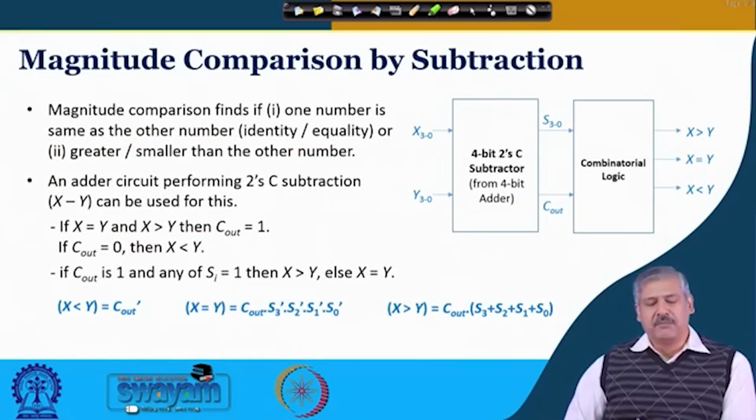So, as I said, in today's class we shall discuss magnitude comparison. So, magnitude to be compared is between two numbers. Whenever we talk about comparison, the first thing that occurs to our mind is, why don't we subtract one number from the other, say one number is x, another number is say y. So, if x minus y is 0, then the numbers are equal.